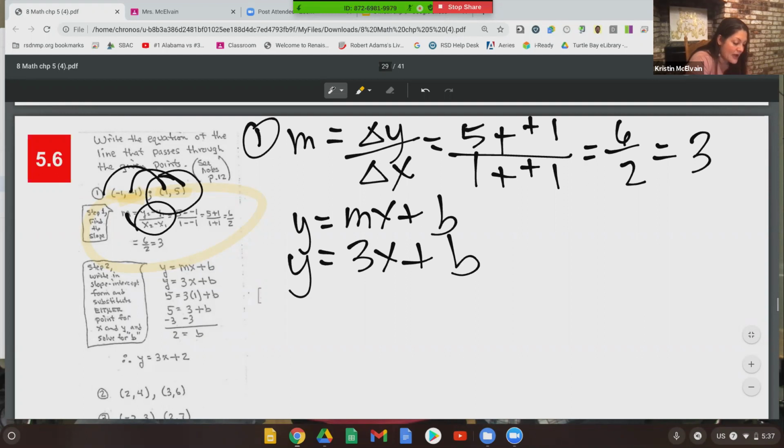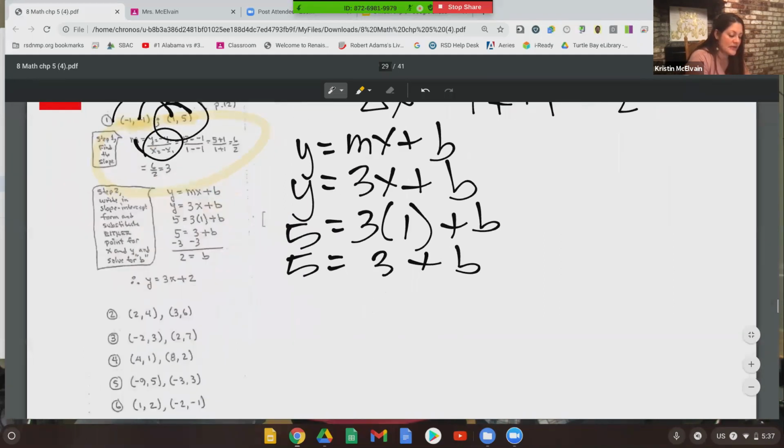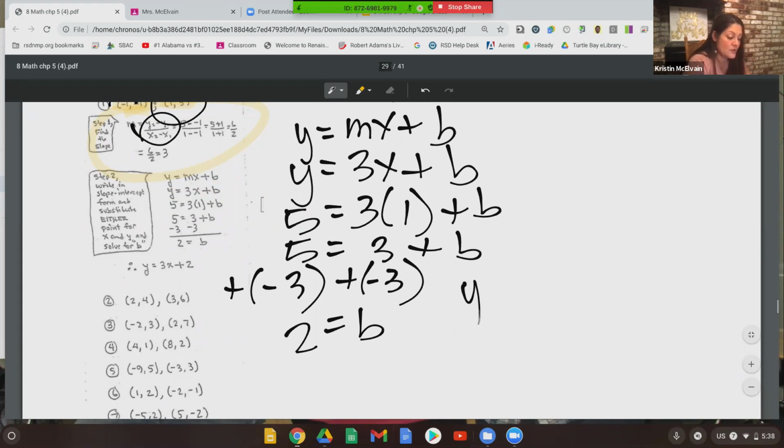So 5 is our y, 1 is x, plus b. And then we just simply solve for b. So 5 equals 3 plus b. I'm going to add the opposite to both sides. Gives us 2 equals b.